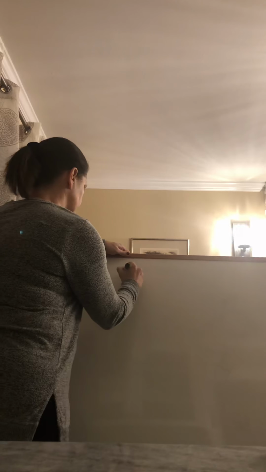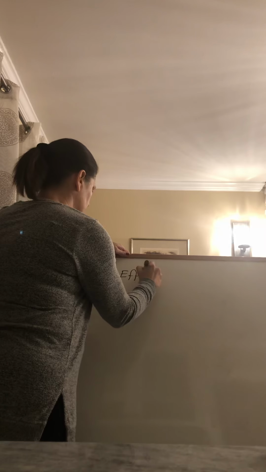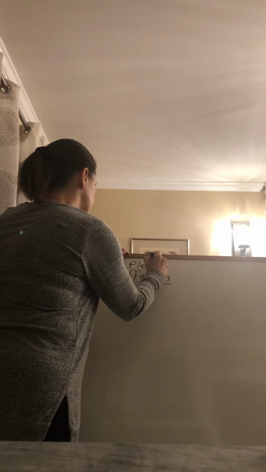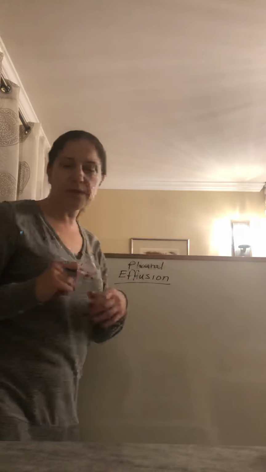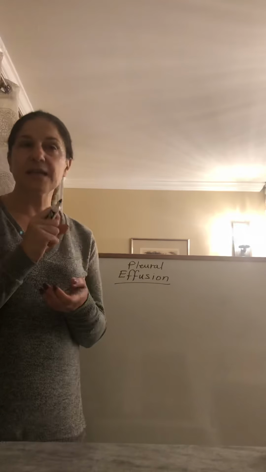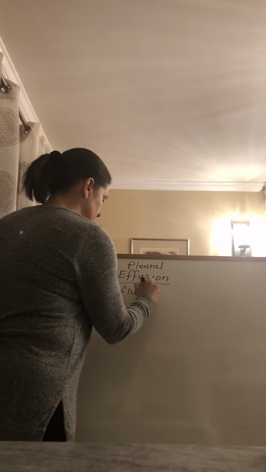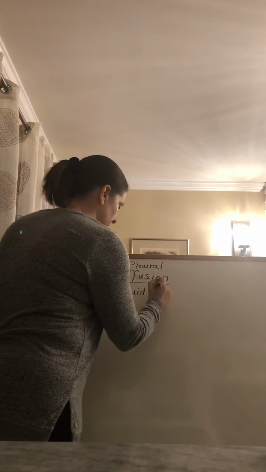Second issue with the pleura is pleural effusion. When someone has pleural effusion, that means they have the presence of fluid in the pleural space. Now remember, that's not supposed to be. There's supposed to be air in the pleural space.